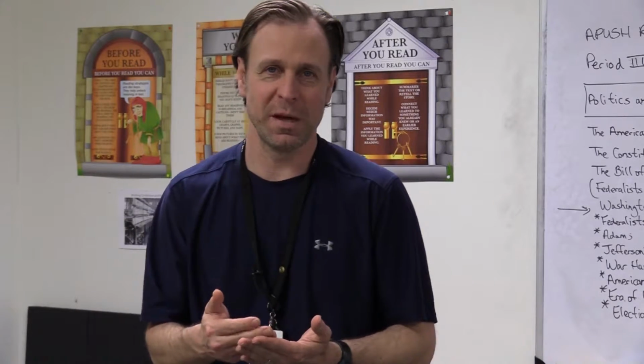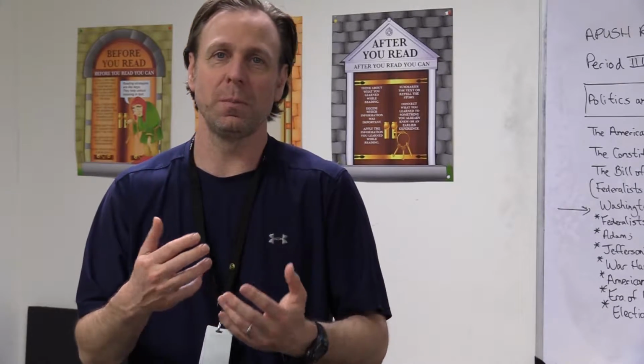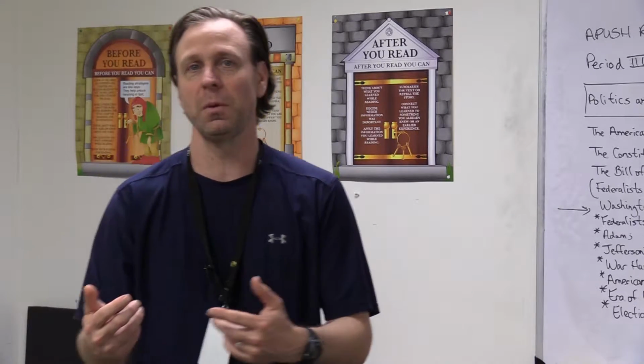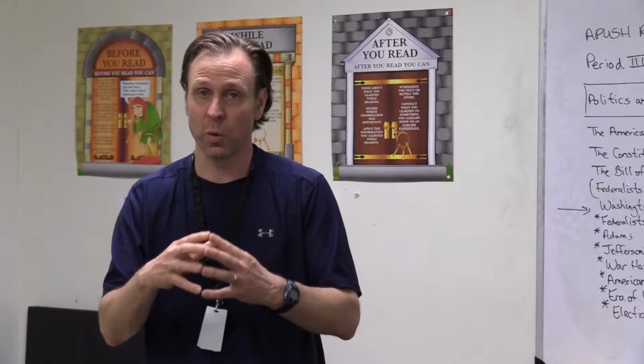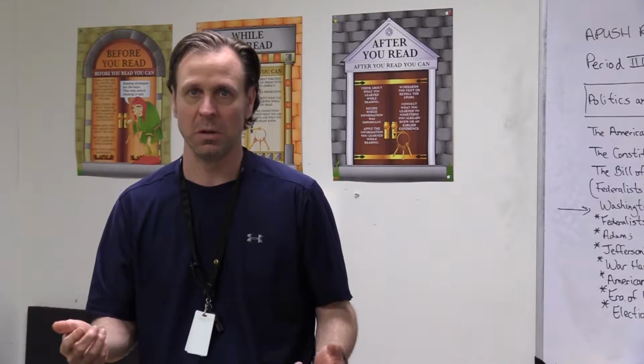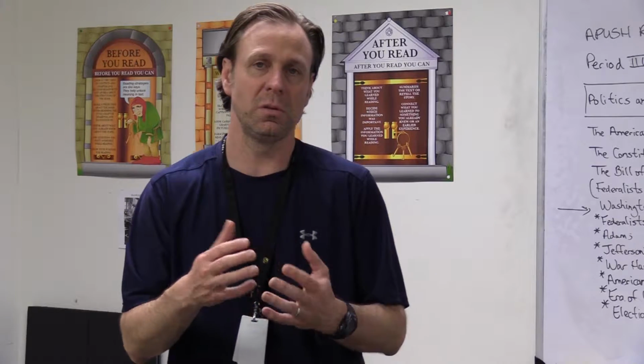Why a national bank? Well, the national bank was supposed to provide a sound currency for the new nation. It was supposed to provide credit for people to open up businesses, to expand their farms. And it was also supposed to do something else.